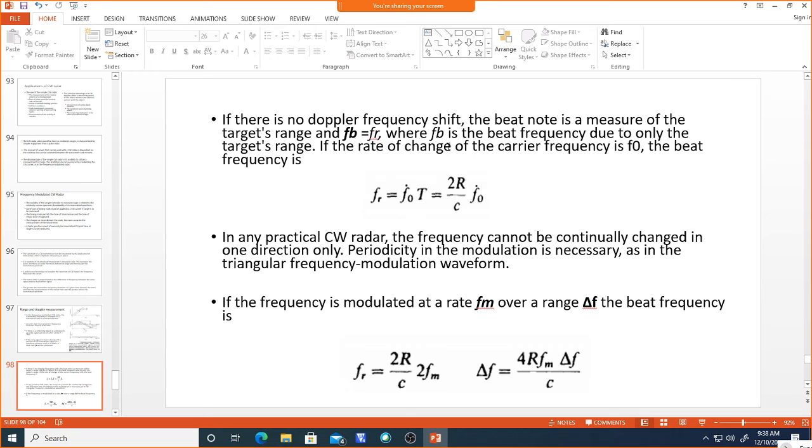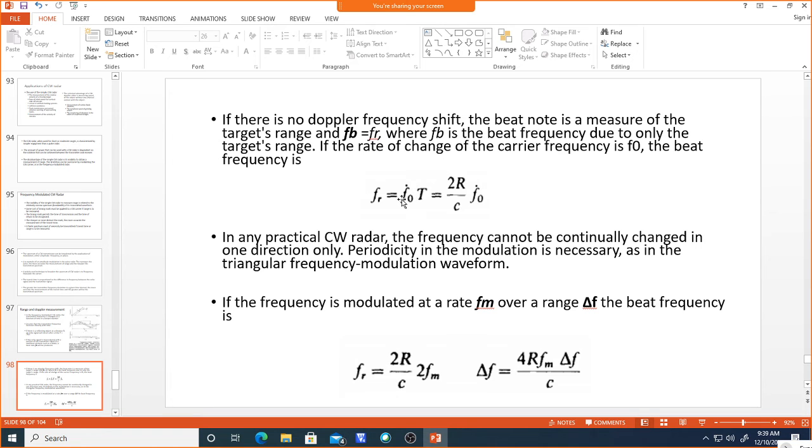Otherwise, if it is not equal, it is not from the target; it may be from other moving targets, or due to other environmental things. If the rate of change of carrier frequency is f naught, then the beat frequency can be calculated, and FR will be given by this expression.